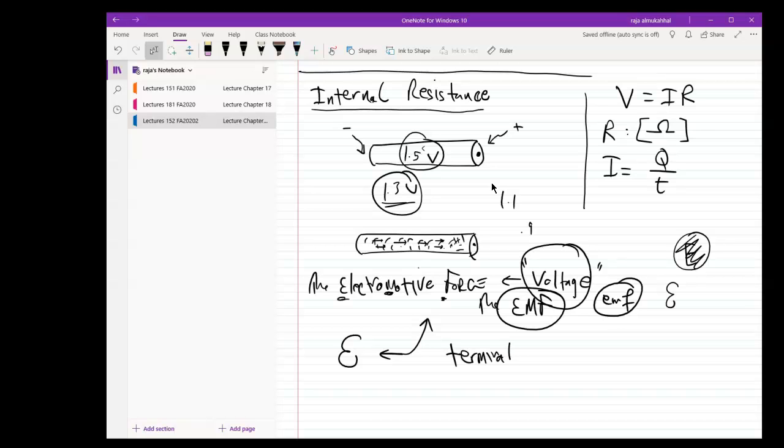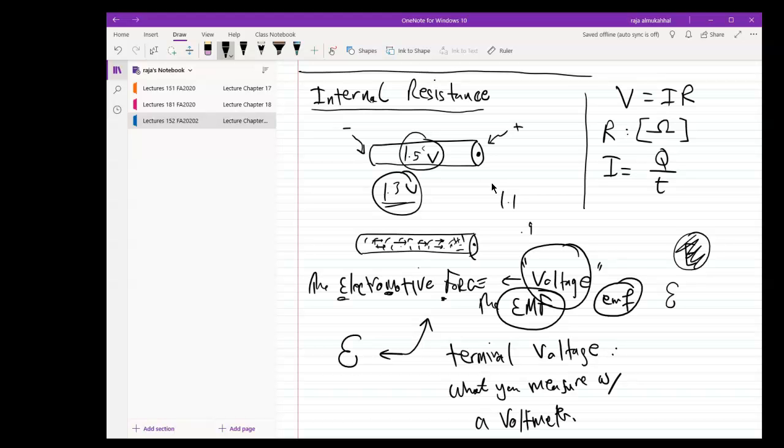Terminal voltage. What is the terminal voltage? It's basically the voltage that you measure with your voltmeter.